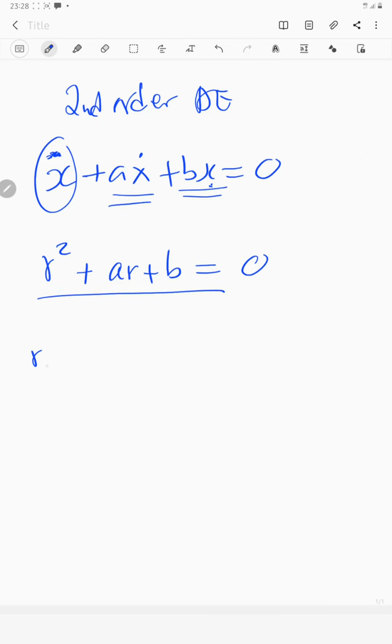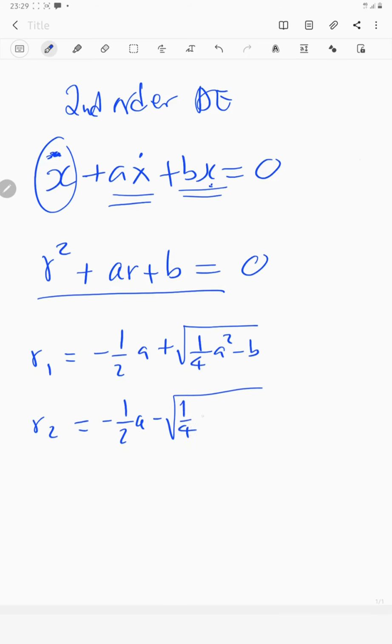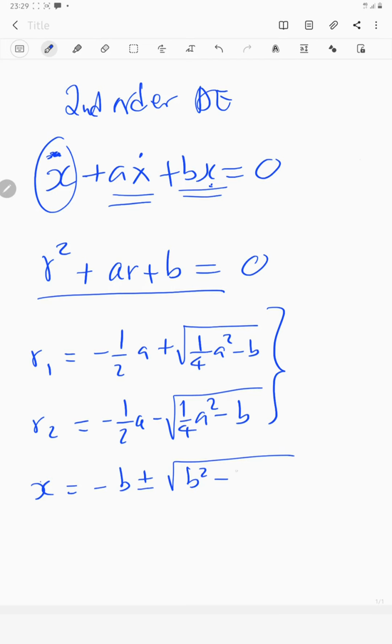Now, because it's quadratic, we can have r1 equal to negative 1 over 2a positive square root of 1 over 4a squared minus b, and r2 equal to negative half a and the negative square root of 1 over 4a squared minus b as the solution, which is the same as x equal to negative b plus or minus the square root of b squared minus 4ac, divided by 2a.